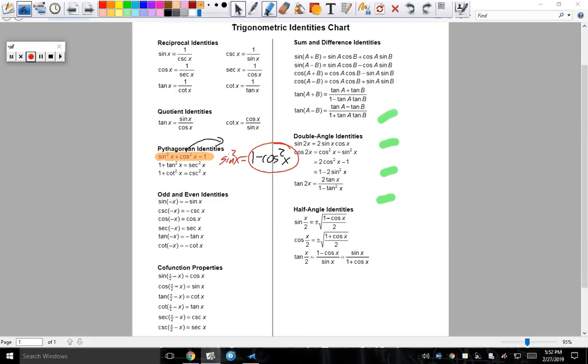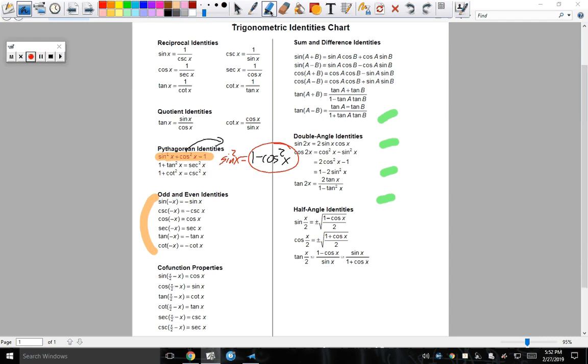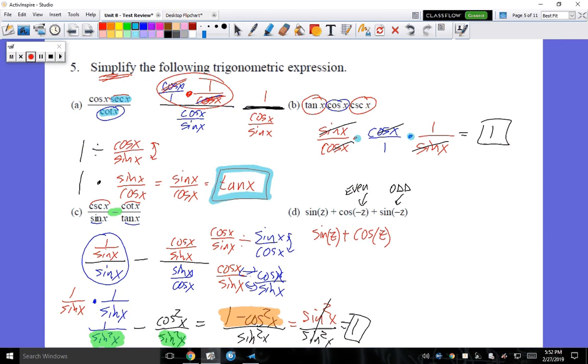We just did the fact that cosine of a negative input, which is right here, is going to be the same as cosine of x. So this cosine of x is that substitution that I'm replacing over here as cosine of z.